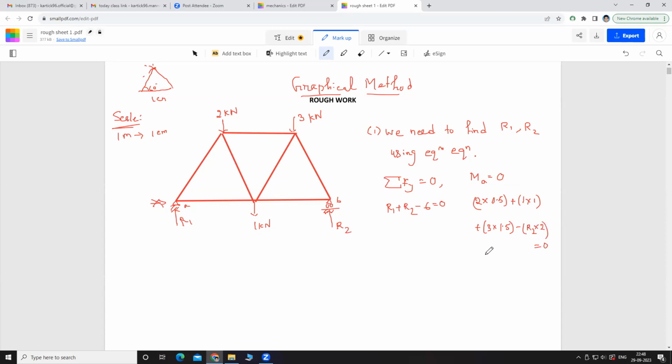If we do that, we get R2 as 2 plus 4.5, that is 6.5 by 2, that is 3.25 kilonewton. If we put it here, we get R1 as 6 minus R2, that means 2.75 kilonewton.